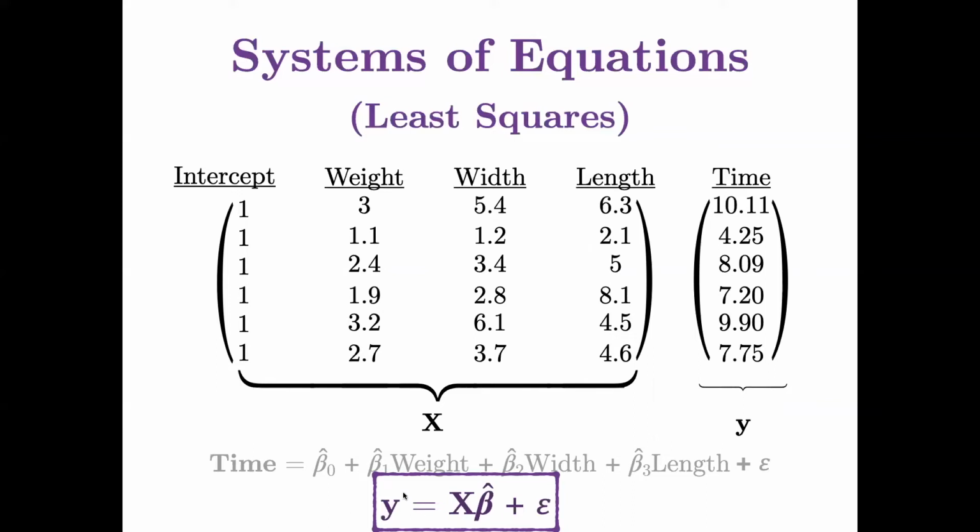And I also have a vector of target values, or here the time. And I'm adding in a vector of residuals, because I know that I'm going to have some error. Of course, the beta hats here are what I'm trying to find. I'm trying to find the beta hats that will minimize the error.